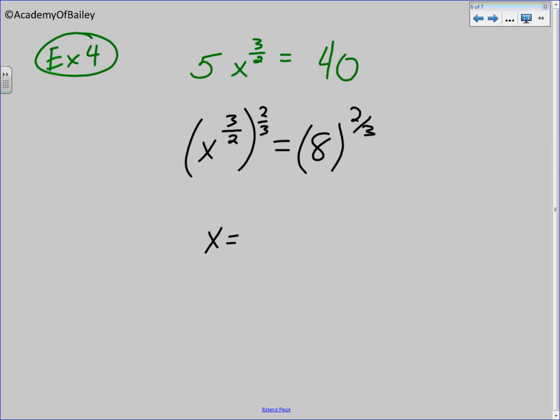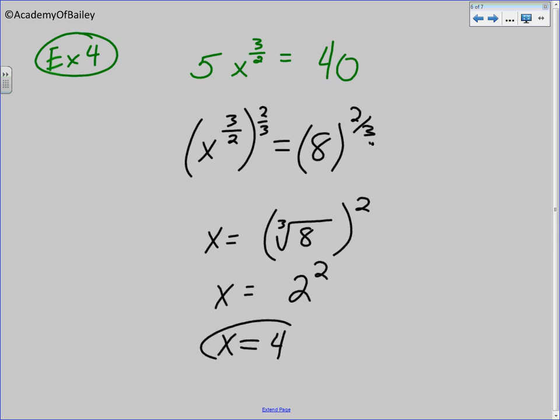And I know that if I think of it as the cube root of 8 squared, well, the cube root of 8 is 2, and then we have 2 squared. x is equal to 4. And so, there you go. Plug your solution back in and check it. I've just done that in my head, so I know that it works.